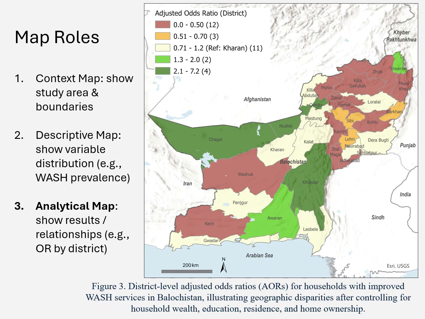So we want to see, with respect to Haran, which districts have better odds ratios or better access to WASH services, or lower than that. This reference district can be changed to any other district. Maybe you want to see it with respect to the highest prevalence one, which is Quetta, and then see what the odds are when we compare other districts with this reference district.